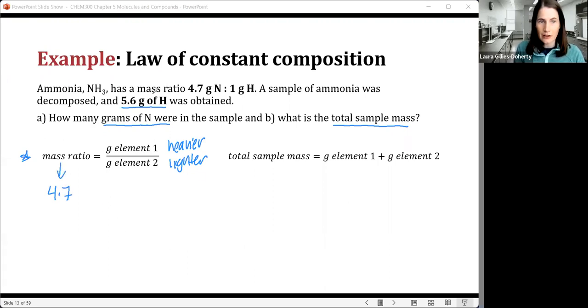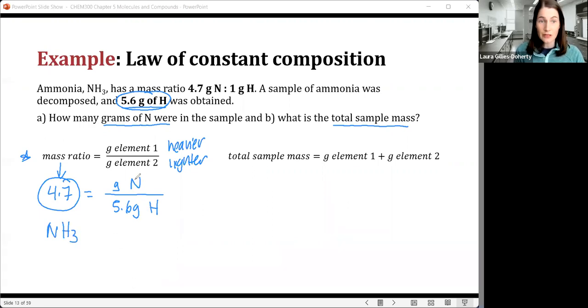And then we were told that when we decomposed our sample, we don't know how much sample we have, but we ended up getting 5.6 grams of hydrogen. So we have our grams of nitrogen and 5.6 grams of hydrogen that we obtained when we decomposed our sample. And the mass of the nitrogen divided by the mass of the hydrogen, the ratio of those two, is always going to equal 4.7 for ammonia.